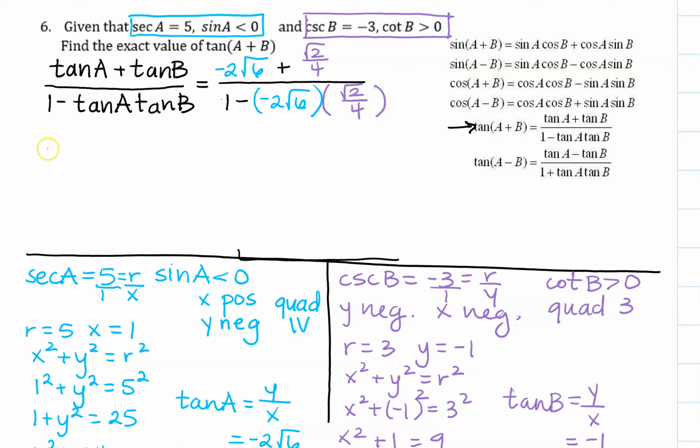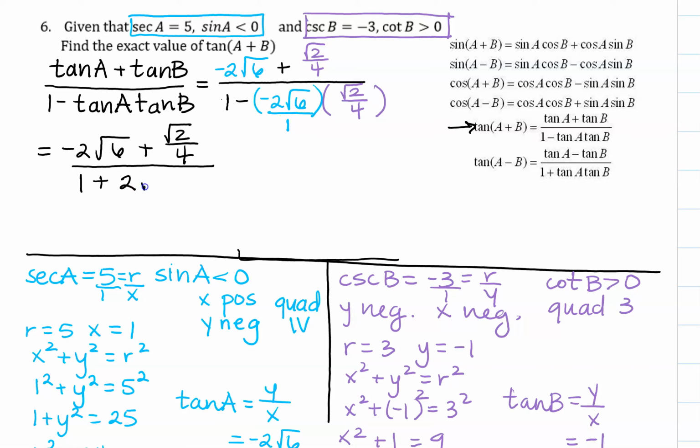So in the numerator, we have negative 2 root 6 plus root 2 divided by 4, and then we are dividing by 1 plus, and this is turning into a plus sign because we are subtracting a negative 2, we'll multiply the root 6 and the root 2. Think of this blue piece as negative 2 root 6 over 1, so we're just multiplying straight across the top.